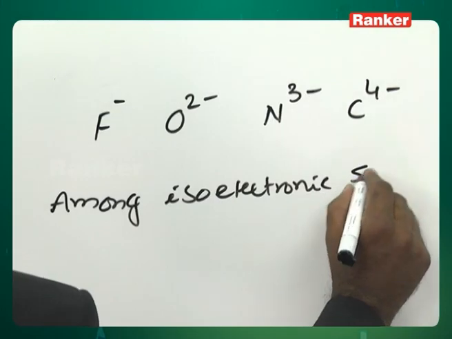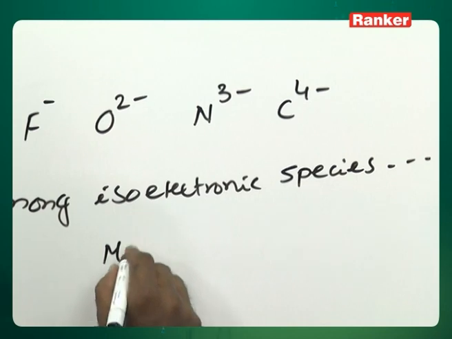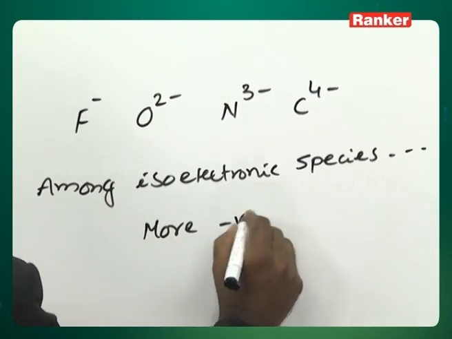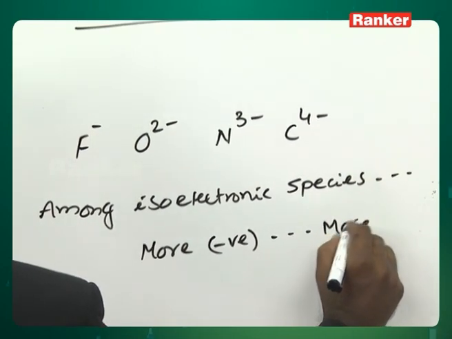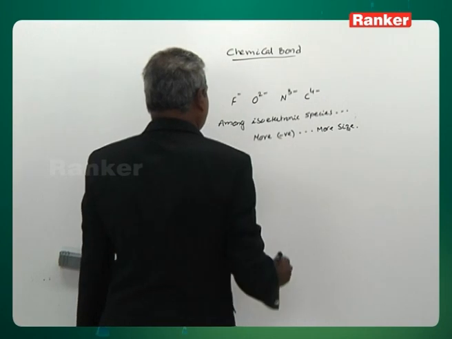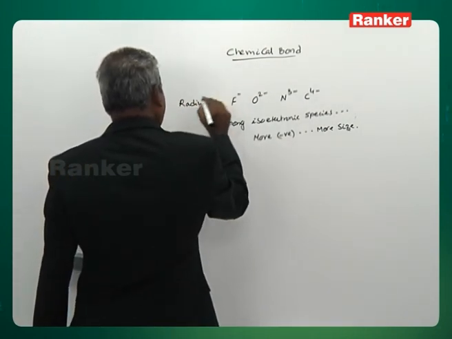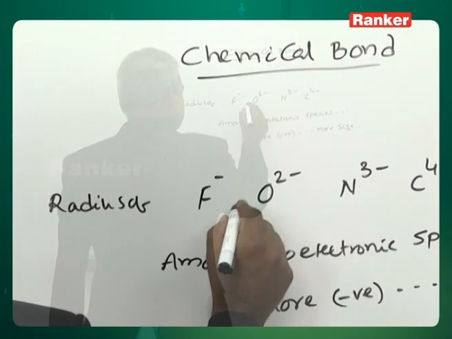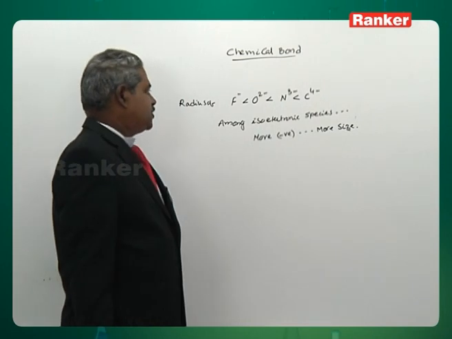Among isoelectronic species, the more the negative charge, the more the size. More negative, more size. So, the radius of F minus is smaller than O2 minus, because the greater the negative charge, the bigger the size.